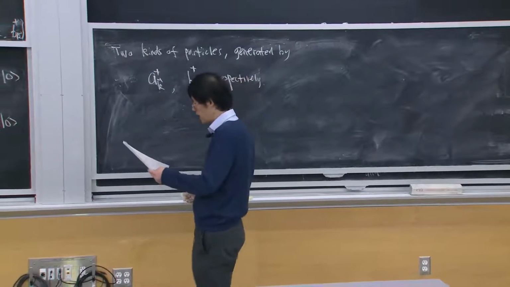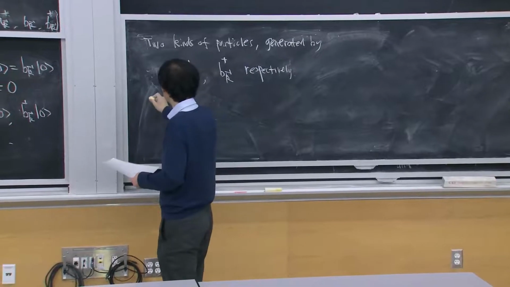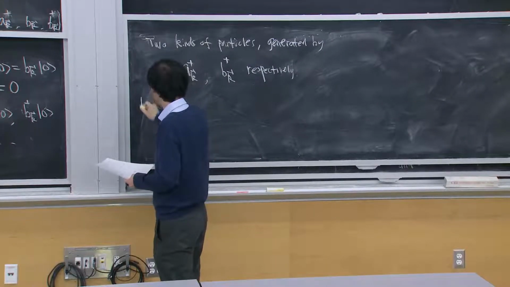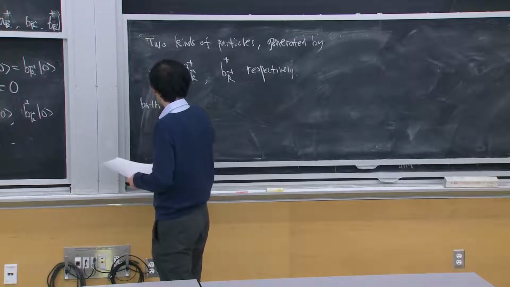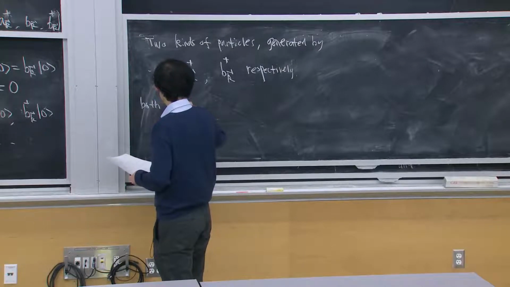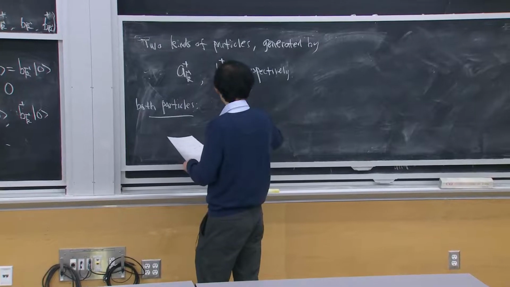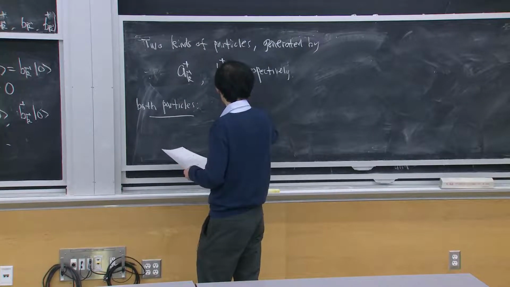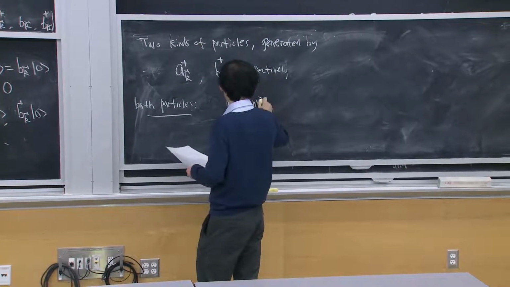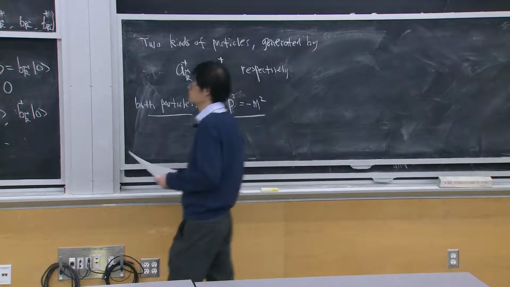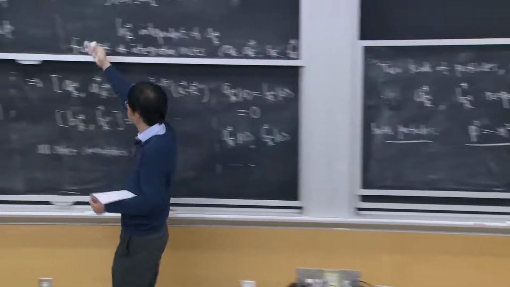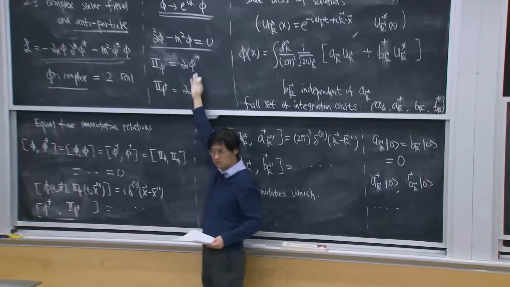Both of them have the same on-shell condition: both particles have the same mass. They satisfy p squared equals m squared, minus m squared, because they all come from the same equation.